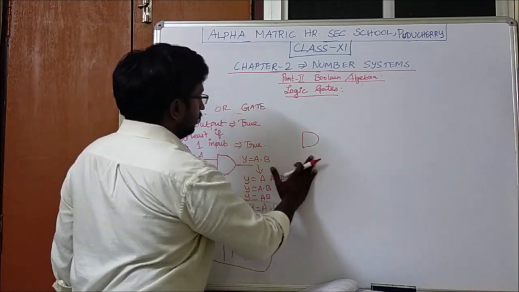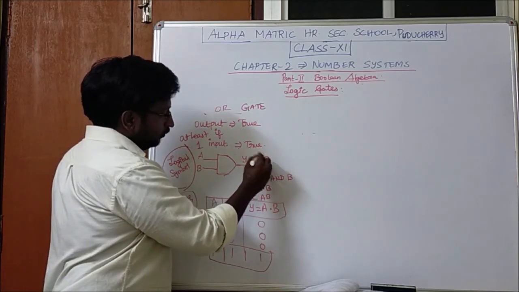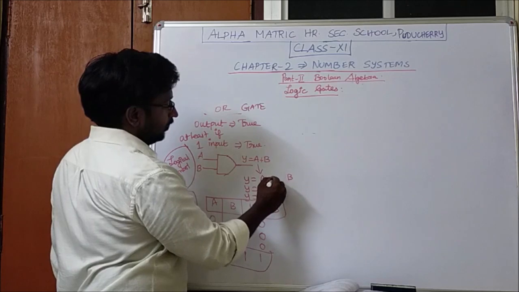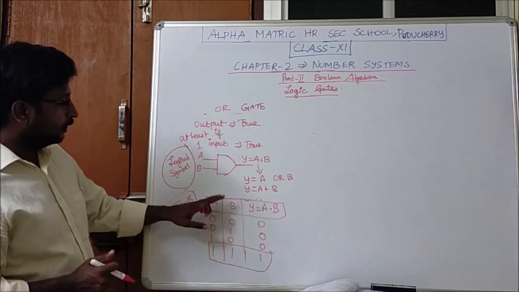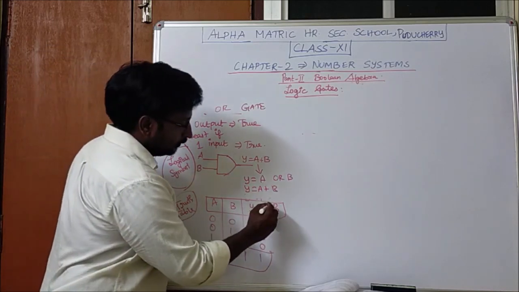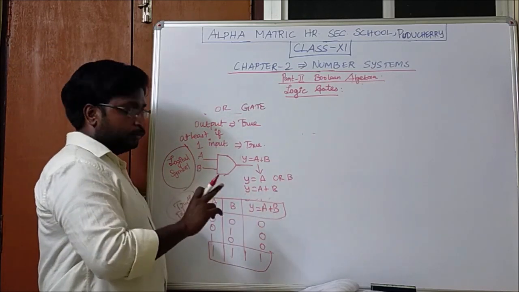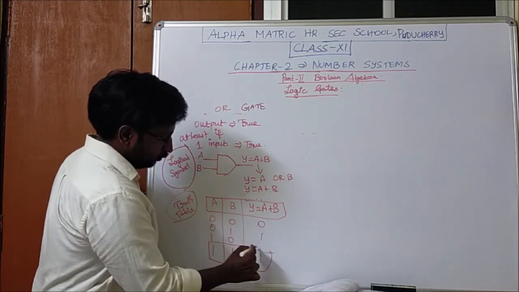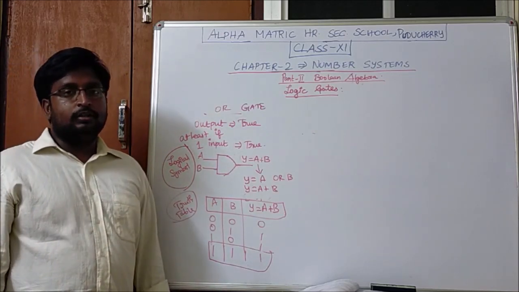So this is the difference between AND and OR. And here we can represent it as A OR B, or A plus B. And here the truth table is, if at least one input is true, then the output is true. Here we have one true and here also we have one true. So this is the truth table for the OR gate.